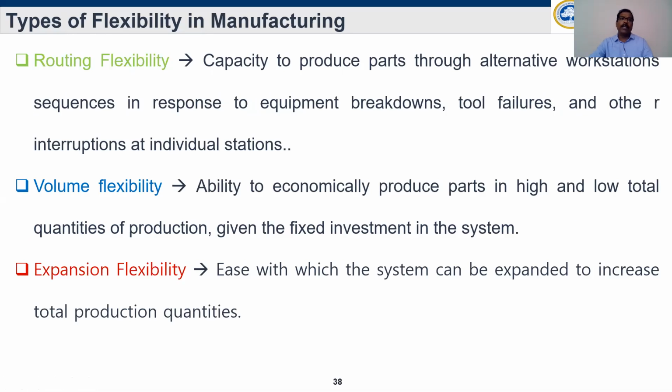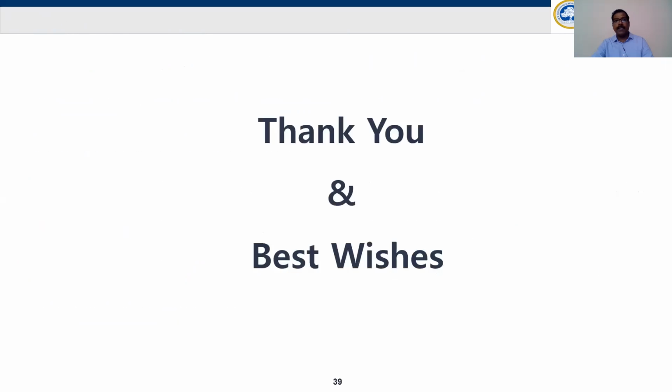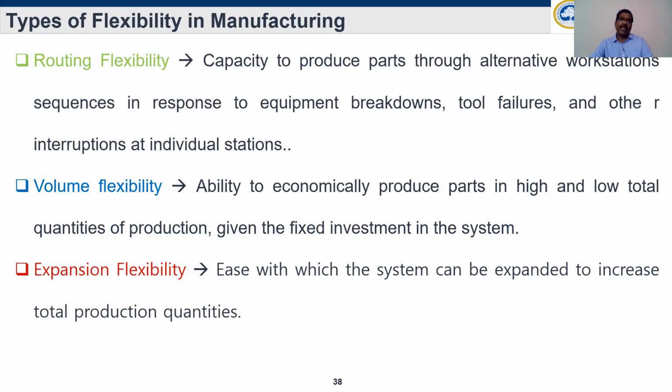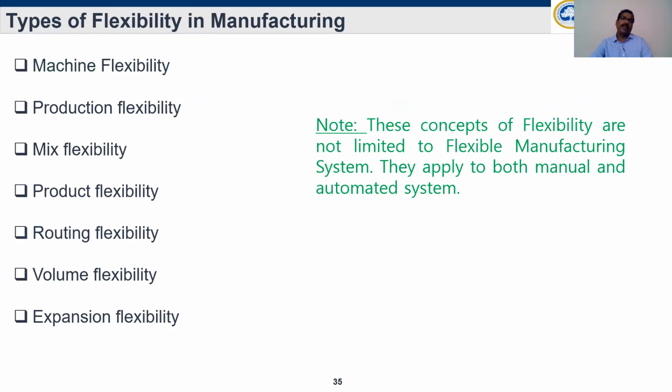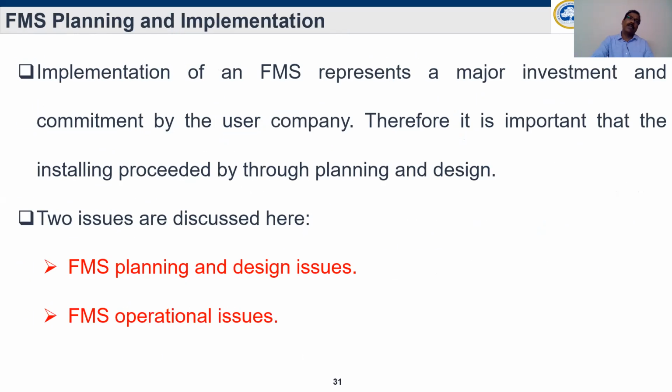Then the layouts available in the FMS, and when we call a system an FMS, or what the criteria are. We saw four criteria, right? Then finally we discussed types of flexibility. Before this, we discussed the operational issues, meaning the implementation and operational issues in FMS.